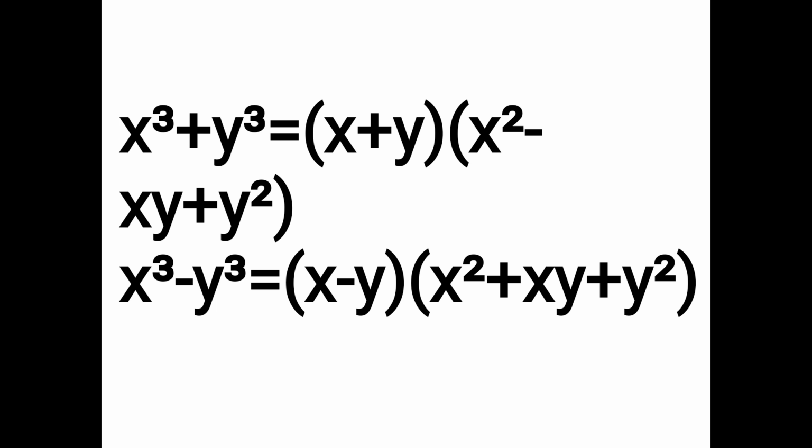This is the same as a cubed plus b cubed, but we replace the variable with x and y: x cubed plus y cubed is equal to the quantity x plus y times the quantity x squared minus xy plus y squared, and x cubed minus y cubed is equal to the quantity x minus y times the quantity x squared plus xy plus y squared.